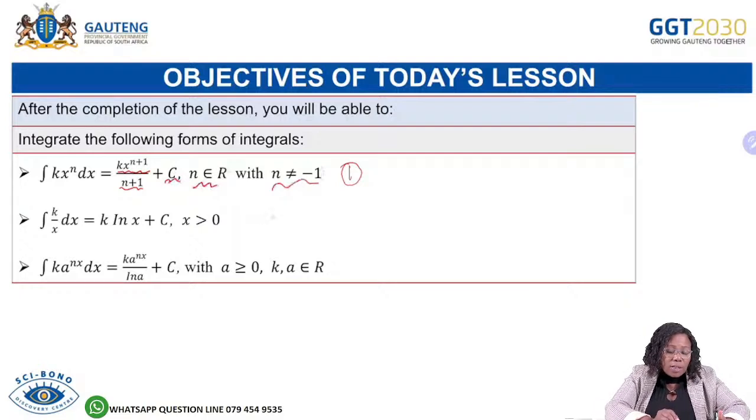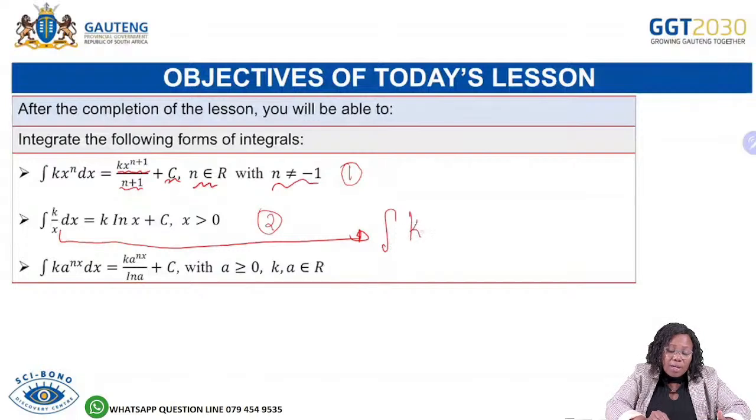Now the second rule: we are talking about the integration of a fraction, k over x, in terms of x. If it's a fraction, remember this can also be noted as the integration of k x to the power negative 1 in terms of x. This is one and the same thing.